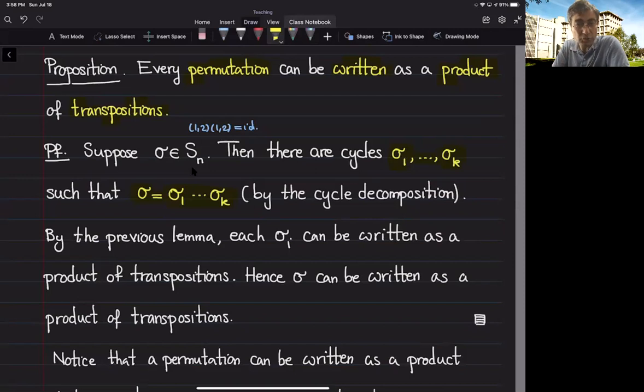That is what we showed in the previous lemma. So each sigma i can be written as a product of transpositions. So we write these sigma i's as products of transpositions, plug them in, and we end up getting that sigma can be written as a product of transpositions. And that's exactly what we claimed.